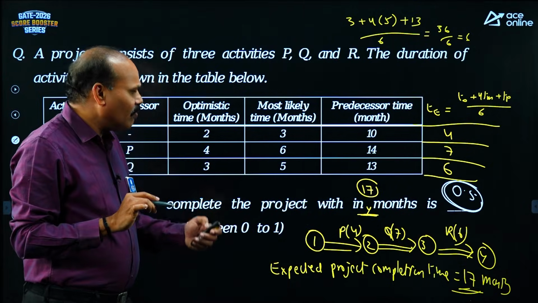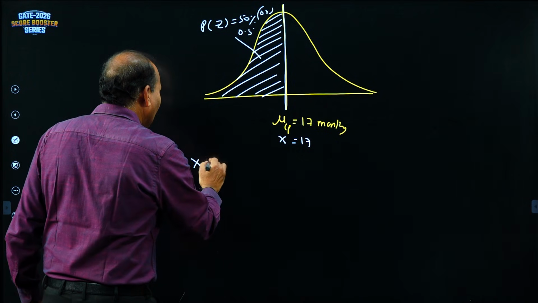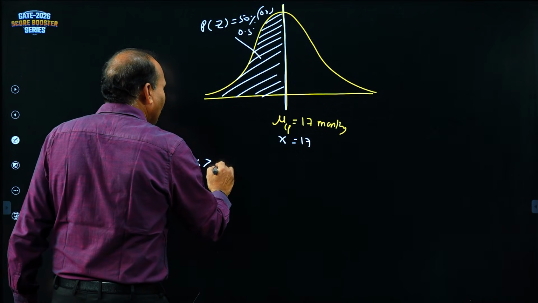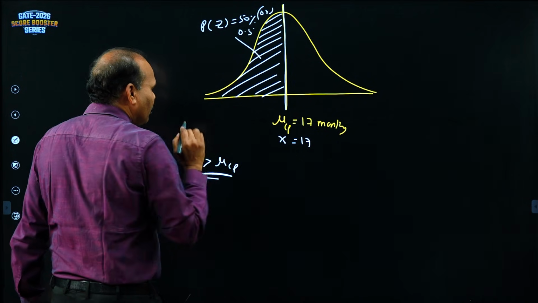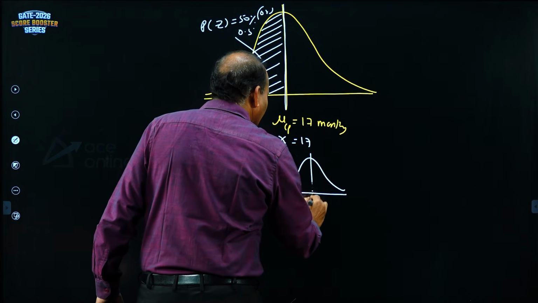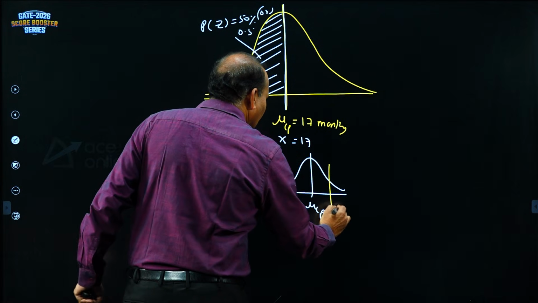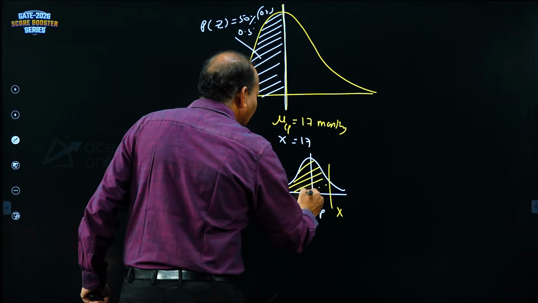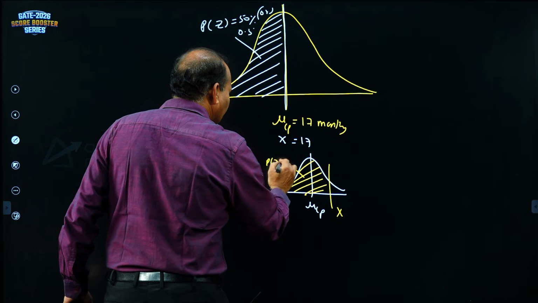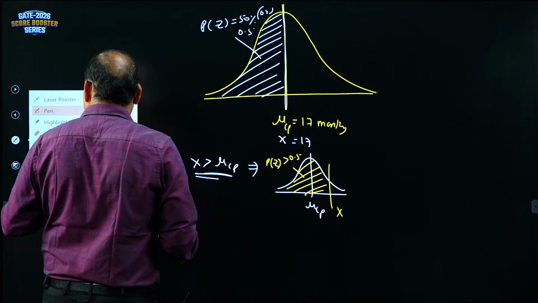Suppose if it is given more than 17 months, suppose x value greater than mu, then what will happen to the probability? The diagram is going to be like this. This is mu and x value on the right side. So what is the probability of completion? More than 50%. Suppose x value less than mu.